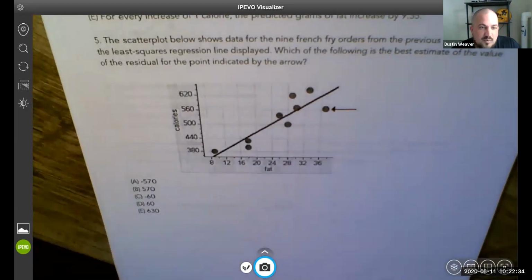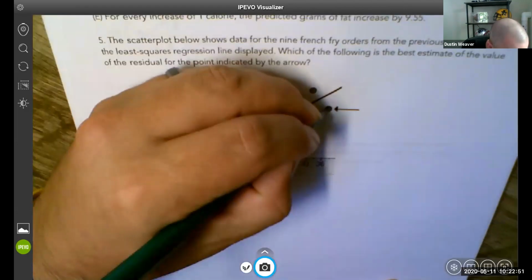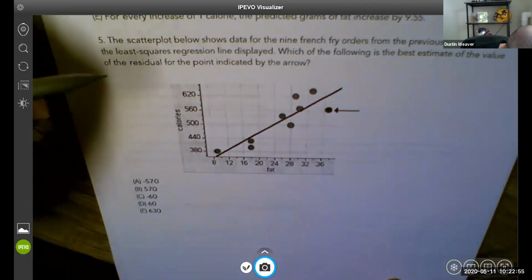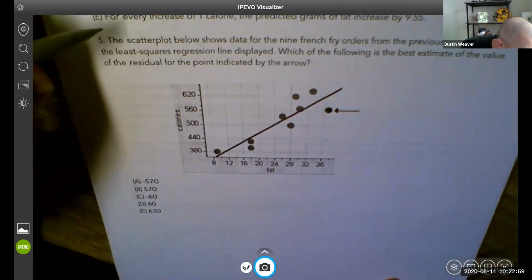Number 5, the scatter plot below shows data for the 9 French fry orders from the previous problem with the least squares regression line displayed. Which of the following is the best estimate of the residual for the point indicated by the arrow? So here is this point. What do you think its actual calories were right there?